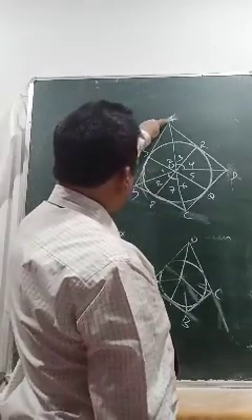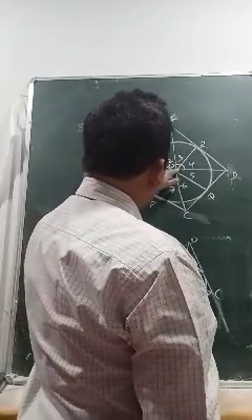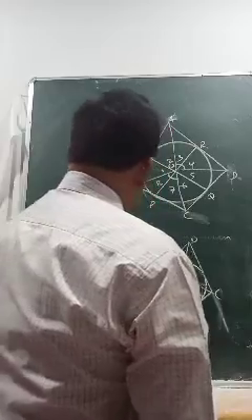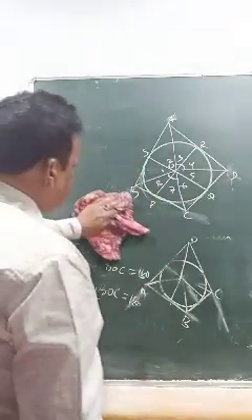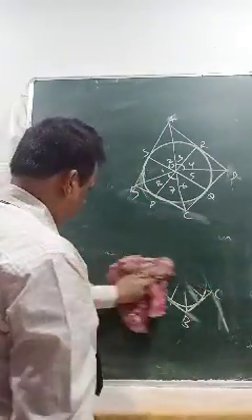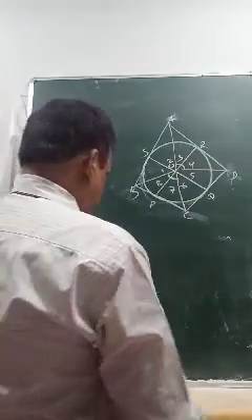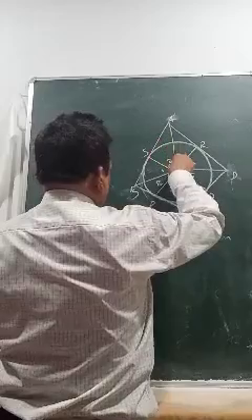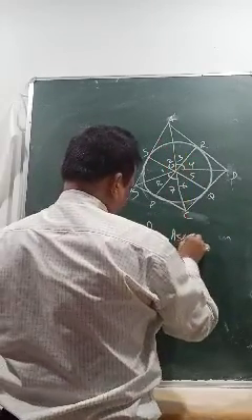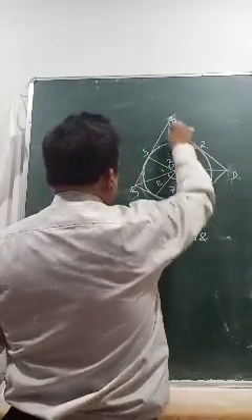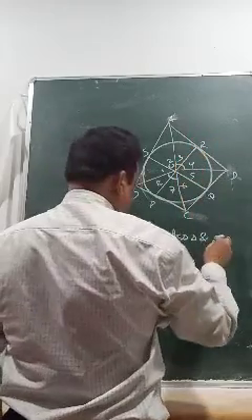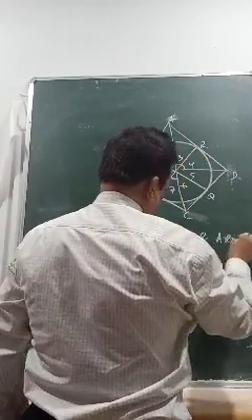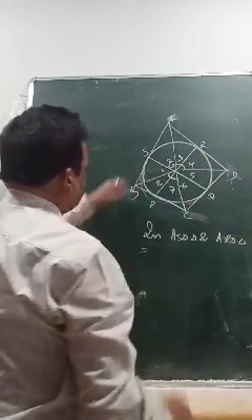If I take ASOR, we already have to prove that. In ASO triangle and ARO triangle, what do you find?